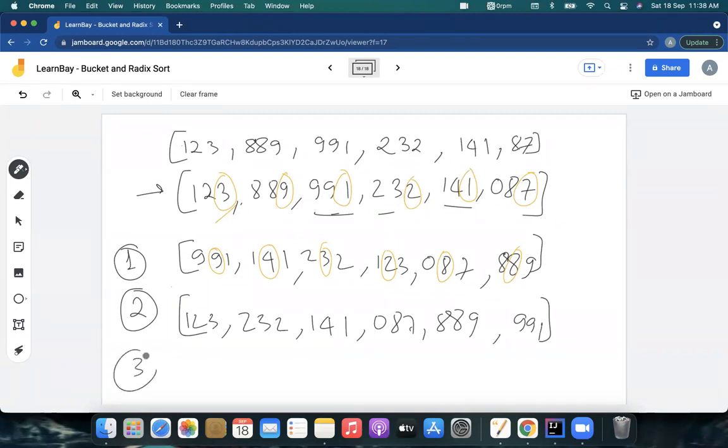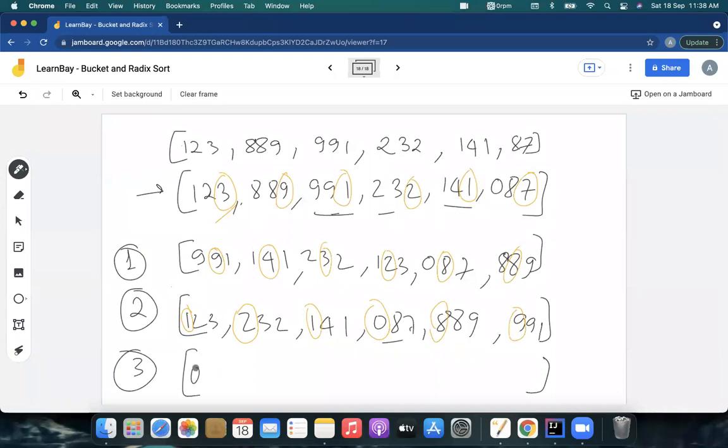And now yet another time, sort with respect to the third least significant digit. The numbers are 1, 2, 1, 0, 8, 9.